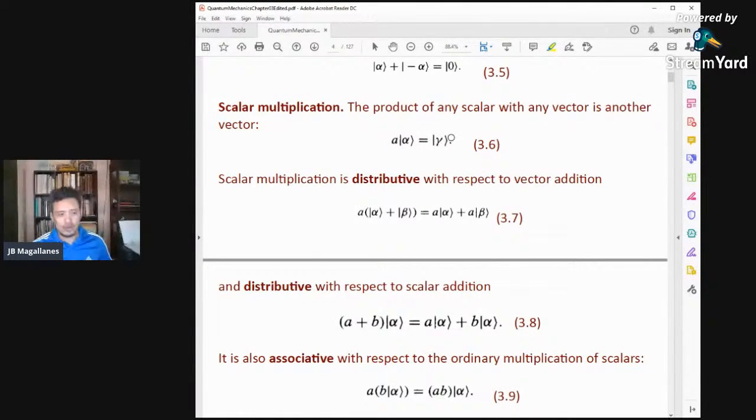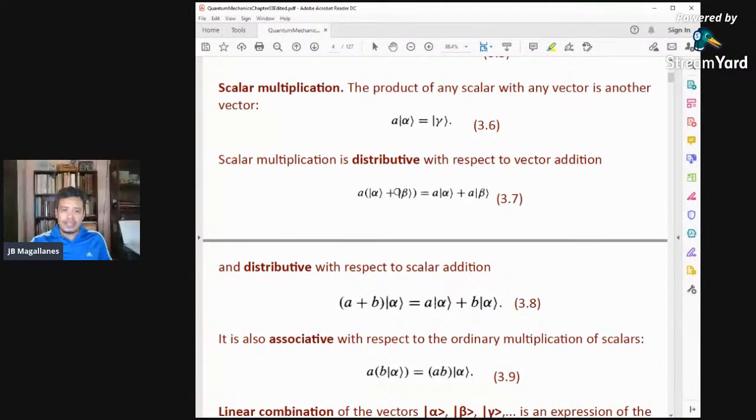Oh, norm is another word for magnitude of a vector, and the norm could be greater than or less than the original, depending on the scalar that you multiply, or could be also complex. It could also be because a, in general, is a complex scalar. The scalar multiplication is also distributive.